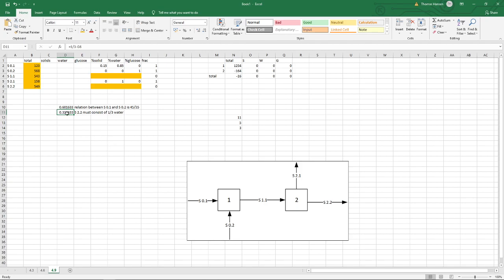The reason I do it like this, and I actually spoke with Kristen about how to do this, is these relations, you could put them in here, for instance. So I could say this one would be equal to 55/45 of stream 01 and all of this.